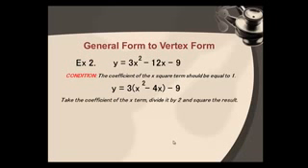And then, take the coefficient of the x term, which is negative 4, and divide it by 2, which is negative 2. And then, what's next? Square negative 2. That is equal to 4. This 4 will again be added and subtracted at the same time.